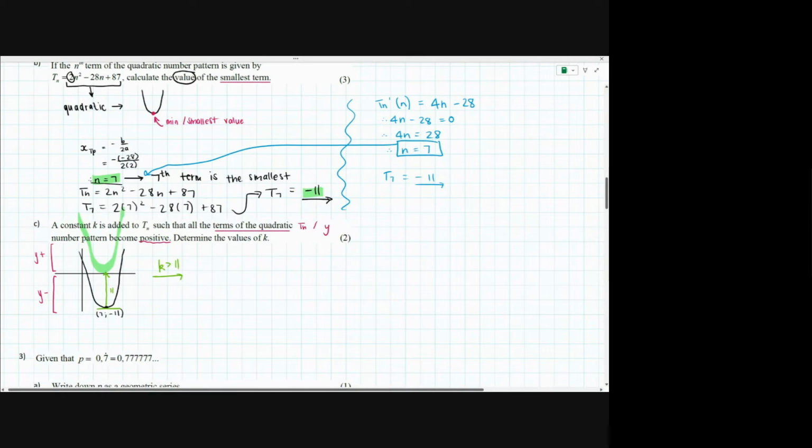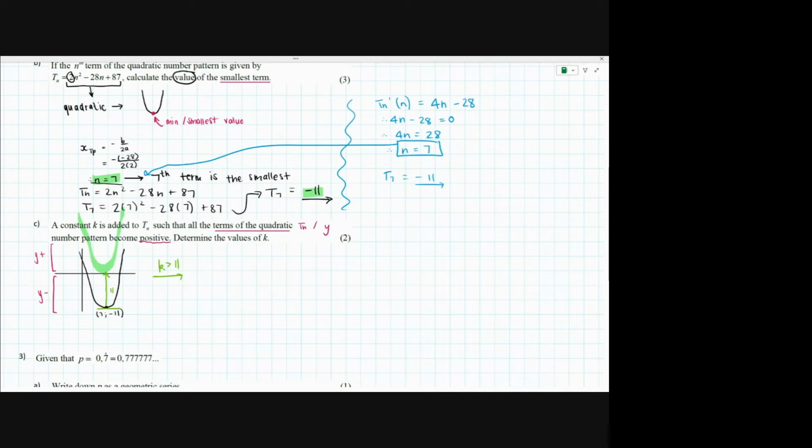And so this value of k must be greater than 11 in order for all of my terms to be positive. Now, I'm very much aware that this is a type of question that we often get asked in graphs. You'll remember questions like ax squared plus bx plus c equals k, determine the value of k in graph questions. It's the same thing. So you need to be able to translate your knowledge across sections. So quadratic functions in sequences and series and functions.